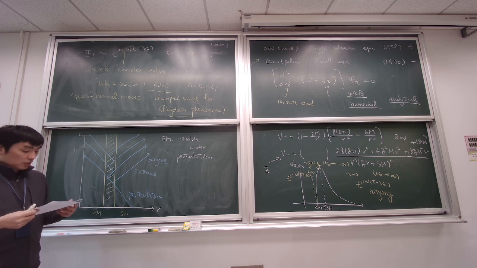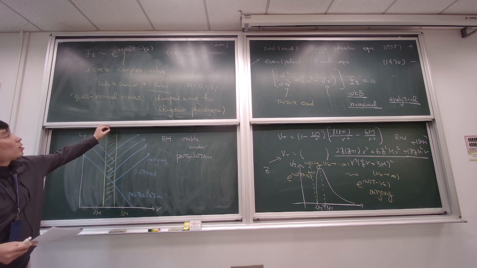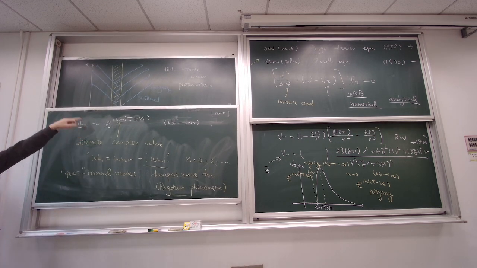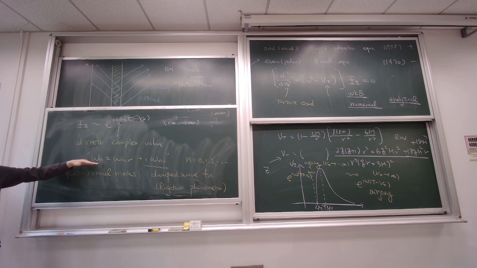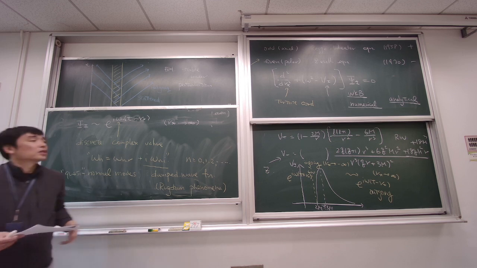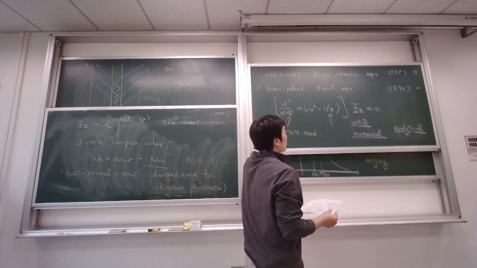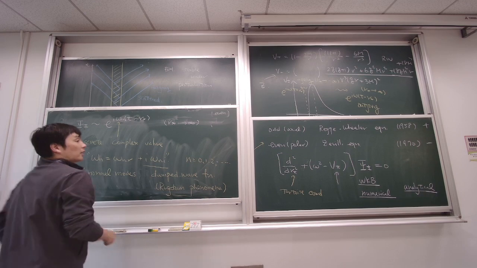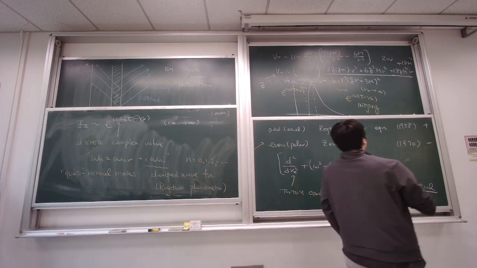Around the 70s people just found, and moreover, what's important is that both the odd and the polar parts have this kind of discrete complex spectrum, but Chandrasekhar and his collaborators found that they are related.